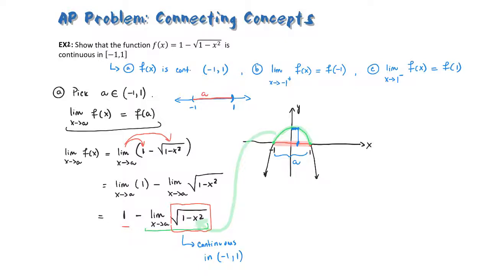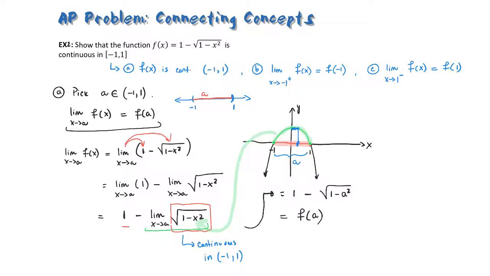So if it is continuous, I can continue evaluating the limit by direct substitution. So I know that this will be equal to 1 minus the square root of 1 minus a squared. And this is exactly f of a.